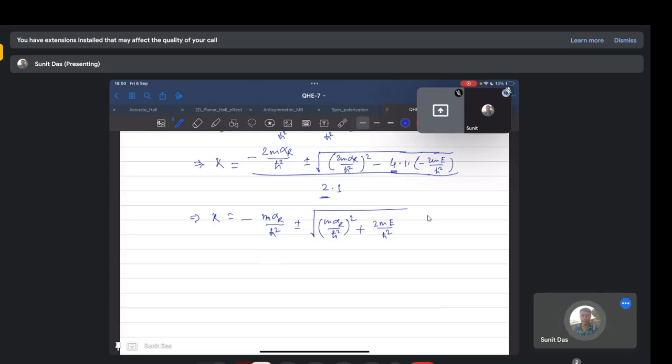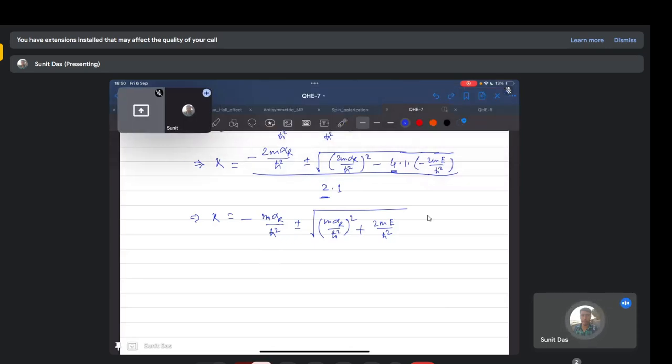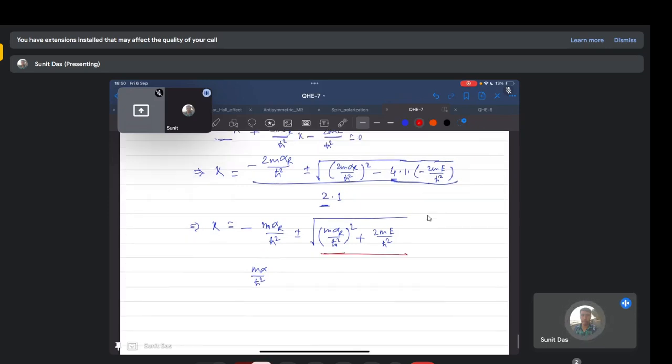You notice that when we take the minus sign, this is going to be negative, because m alpha R by h bar square, this term is definitely greater than mod of this term, because all are positive.